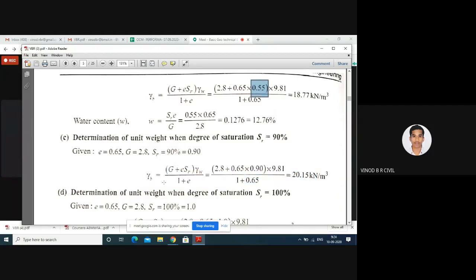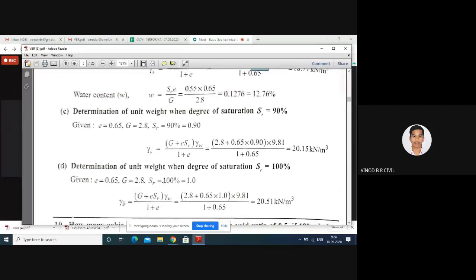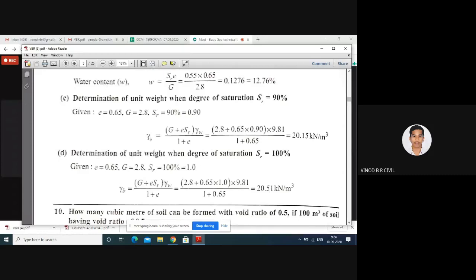Again, gamma B is equal to (G plus e Sr) divided by 1 plus e into unit weight of water, gamma W. That is 2.8 plus 0.65 into 0.90 into 9.81 divided by 1 plus 0.65. Gamma B is equal to 20.15 kilonewton per meter cube. Next one is completely saturated soil, that is 100%.